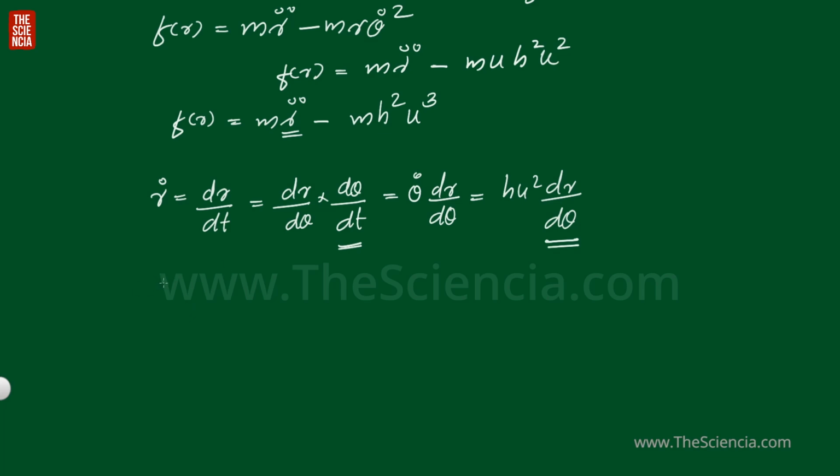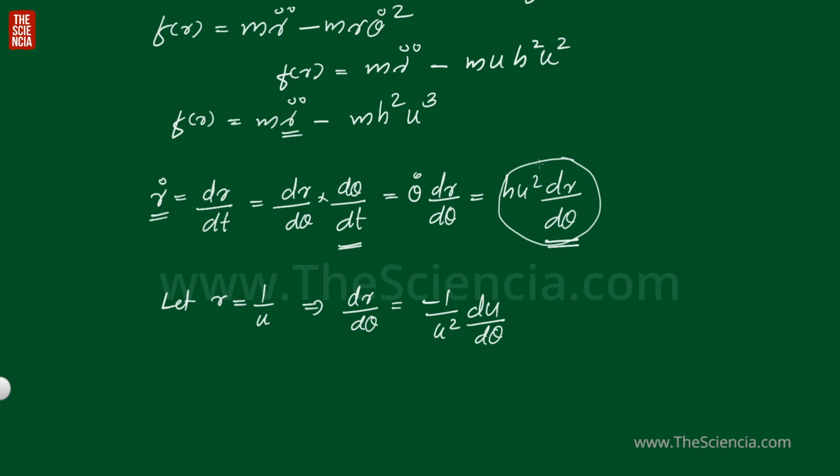To find out this value of dr by d theta, let us consider r. We know r is equal to 1 by u. Therefore dr by d theta will be equal to minus 1 by u square du by d theta. So now we got r dot in terms of dr by d theta.